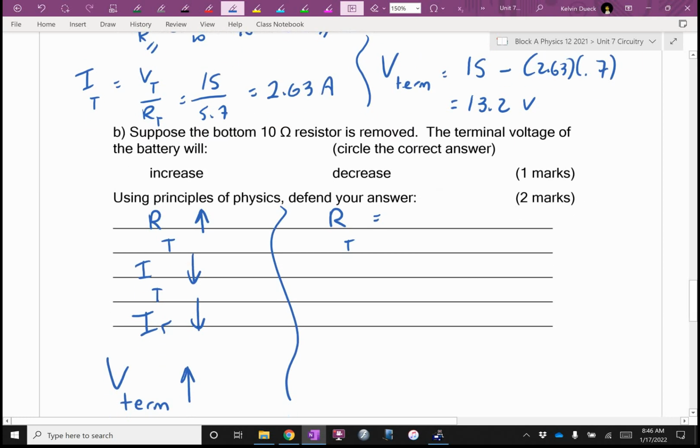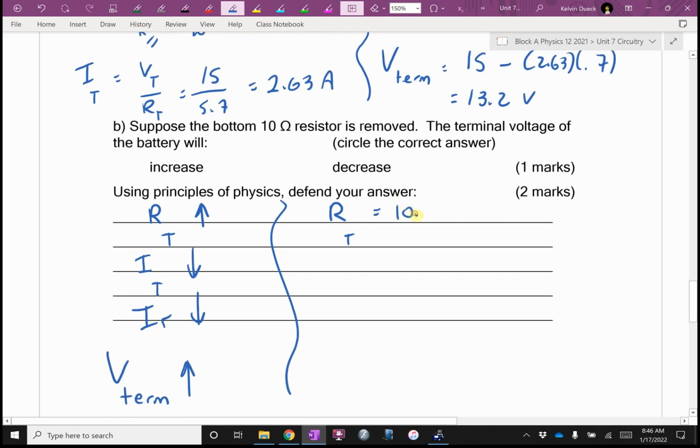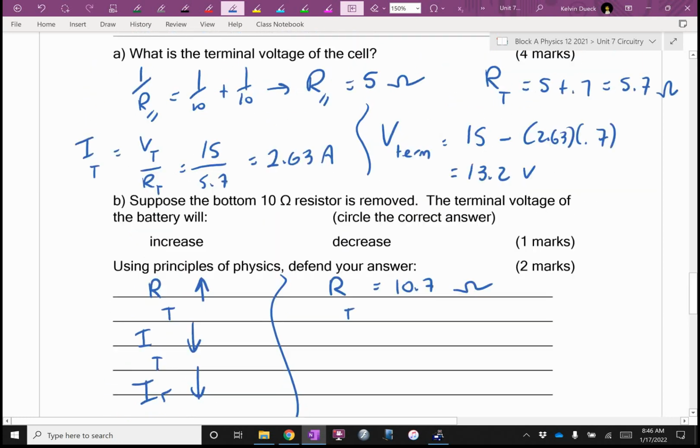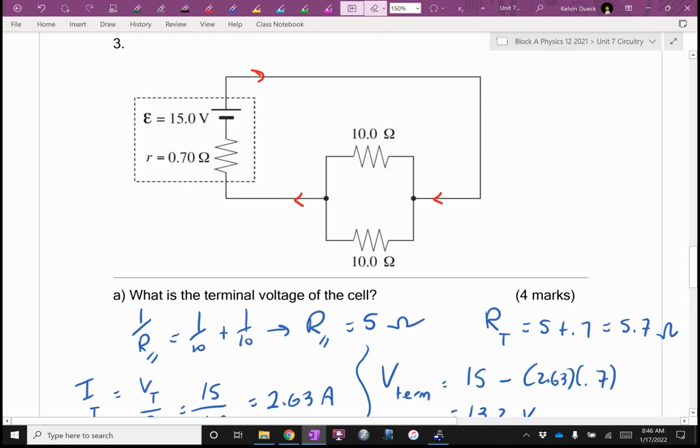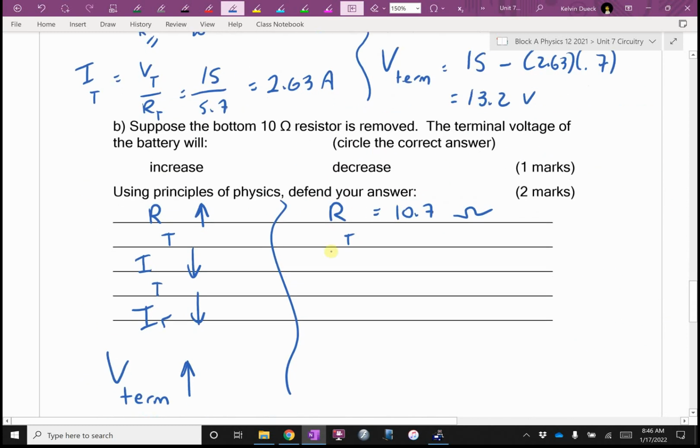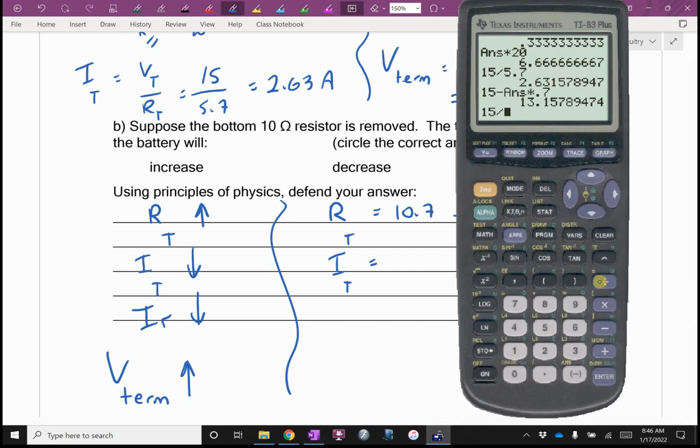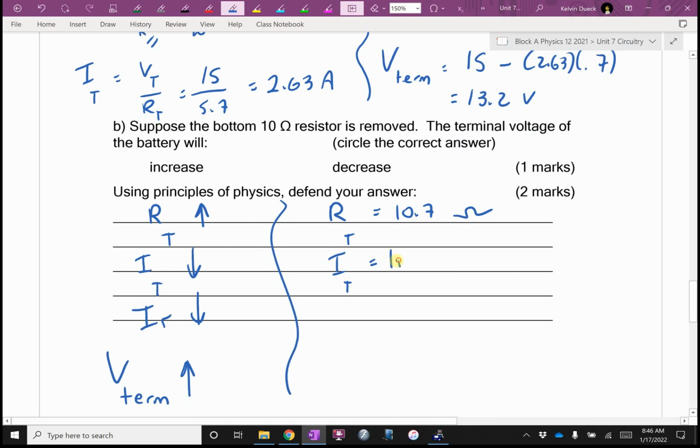If I remove one of the 10s, our total, instead of 5.7, is going to be 10.7 ohms, because now I would just have this and this in series. And so I total would be 15 divided by 10.7, 1.4 amps.